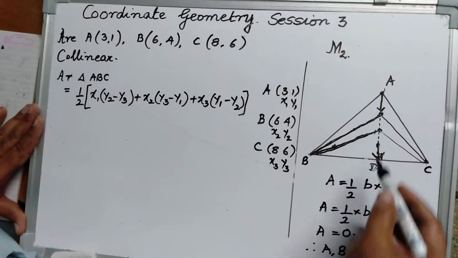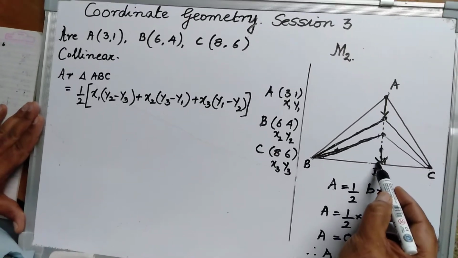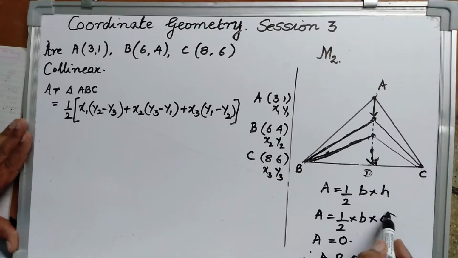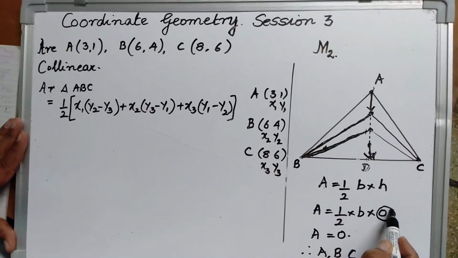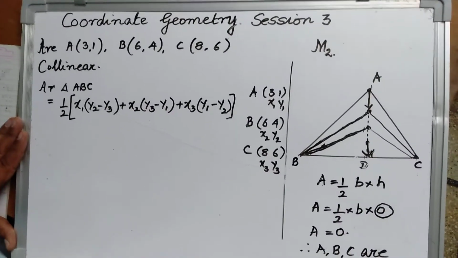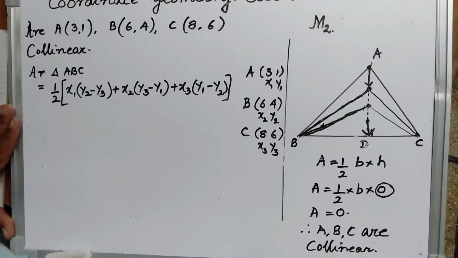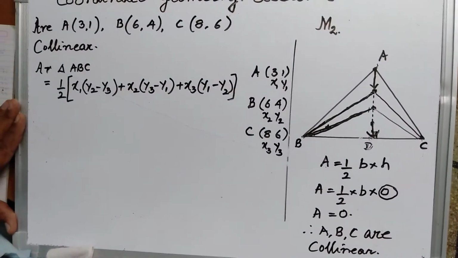The other meaning is, when the height of the triangle becomes 0, then the 3 points A, B and C will be collinear. So you will have to remember this.